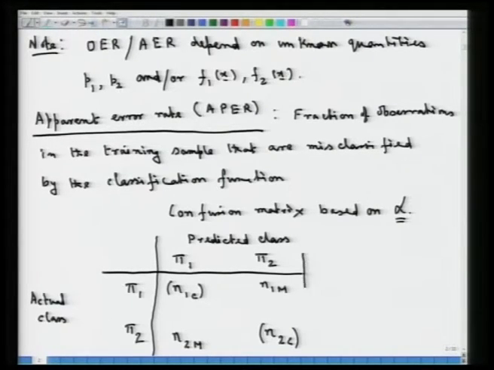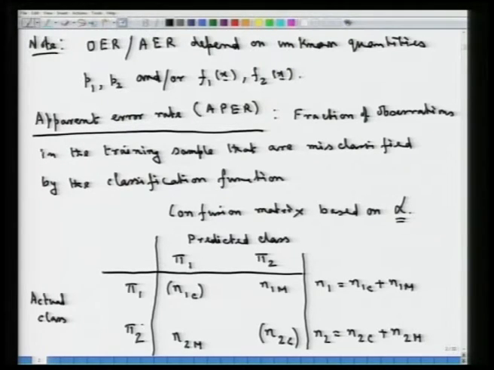Now, suppose the total cardinality of this learning sample L is N, then we will be having this as the sum of these two numbers. So, this is N1C plus N1M. So, this N1 is the number of observations belonging to the first population in the learning set L, and this is N2, which is the number of observations belonging to the second population in the learning set, and this is the sum of N2C plus N2M.